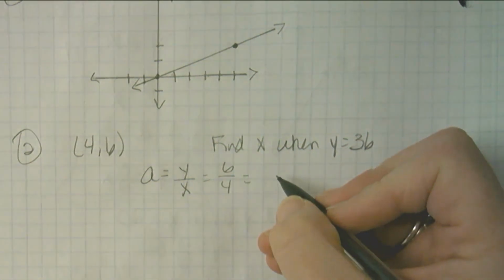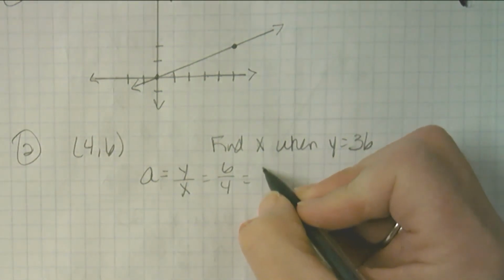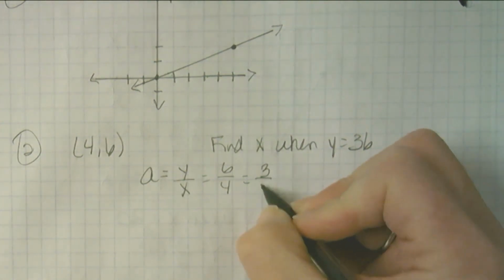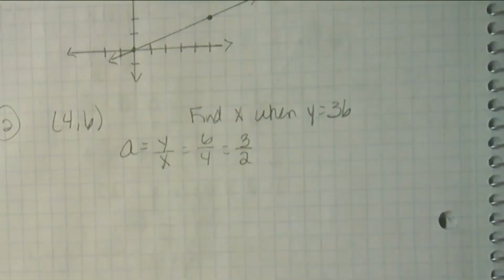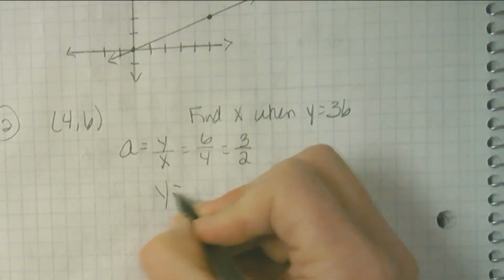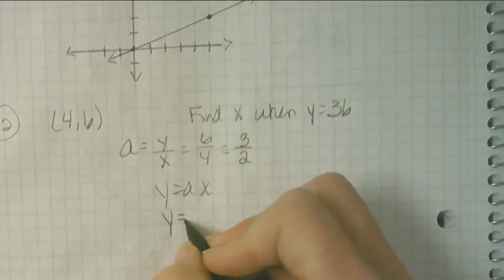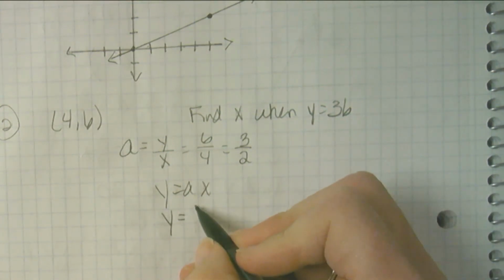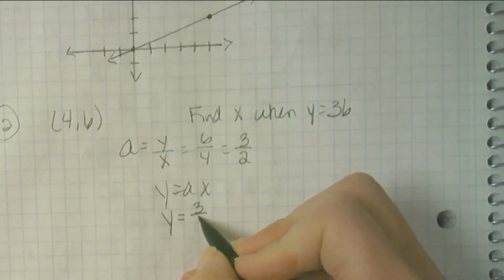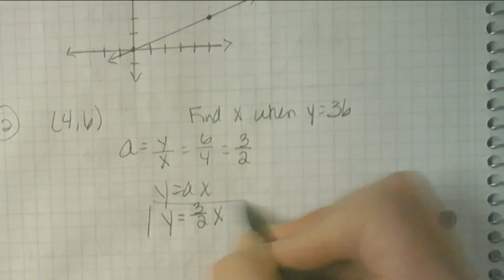What does that simplify to? 3 over 2. So what's my equation, Natalie? Write the equation first. Excellent. So there's my equation.